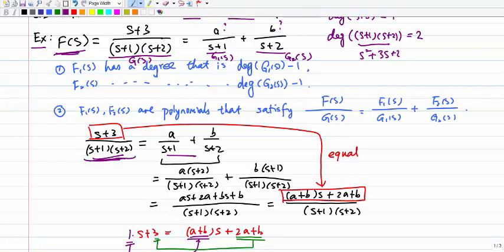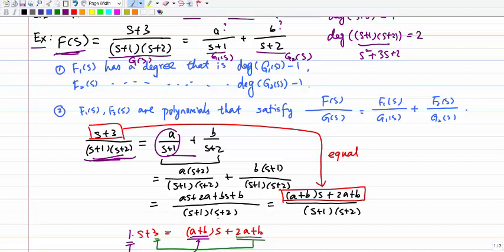So if I augment this, I multiply the first component's numerator and denominator both by s plus 2. So I get a times s plus 2 divided by s plus 1 times s plus 2. Similarly, for the second component, I multiply both the numerator and the denominator by s plus 1. So I get b times s plus 1 divided by s plus 1 and s plus 2.